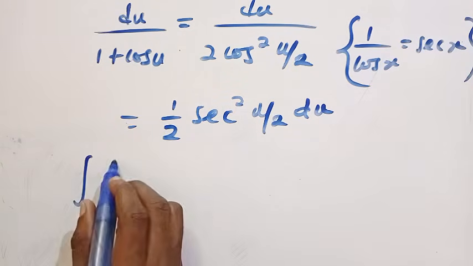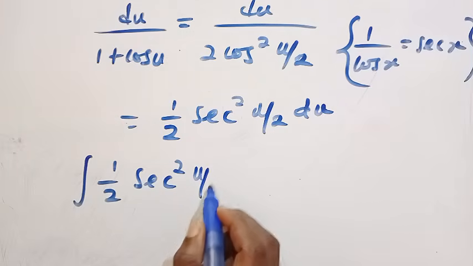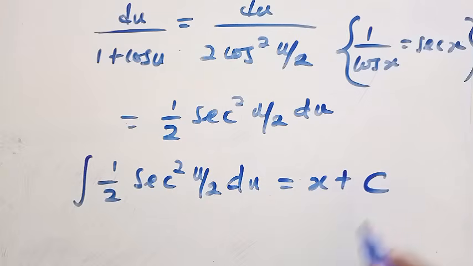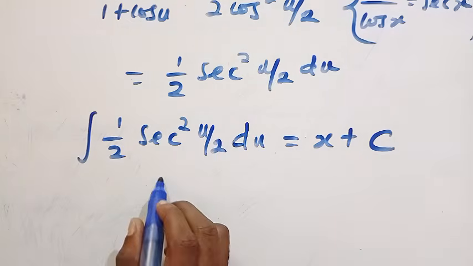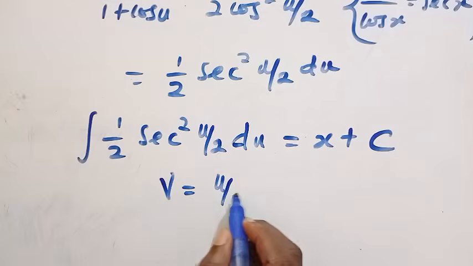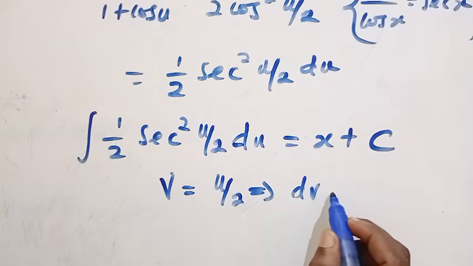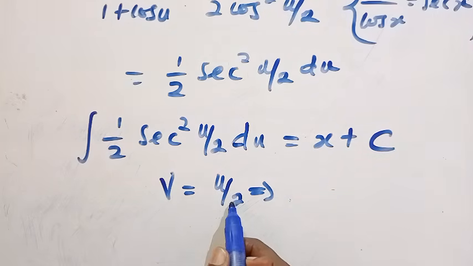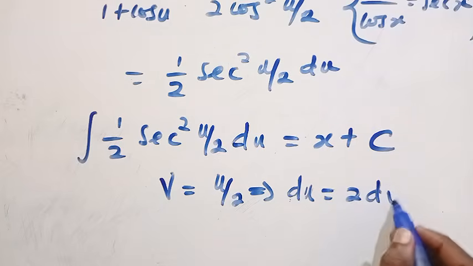So when we integrate 1 over 2 sec squared of u over 2 du, it equals x plus a constant. Here we have u over 2. We replace this with, let's say, v equals u over 2, and this implies that du equals 2 dv.